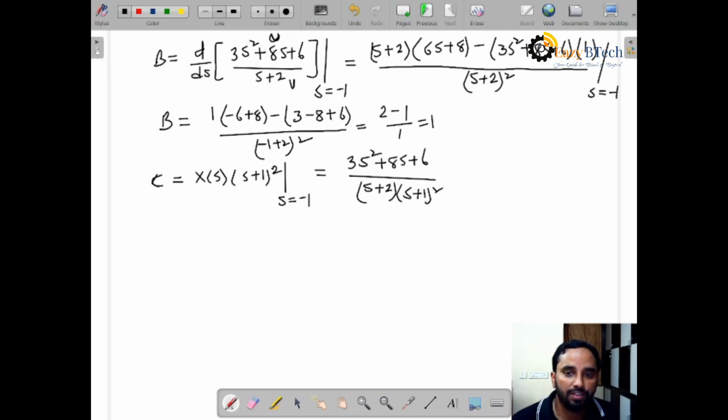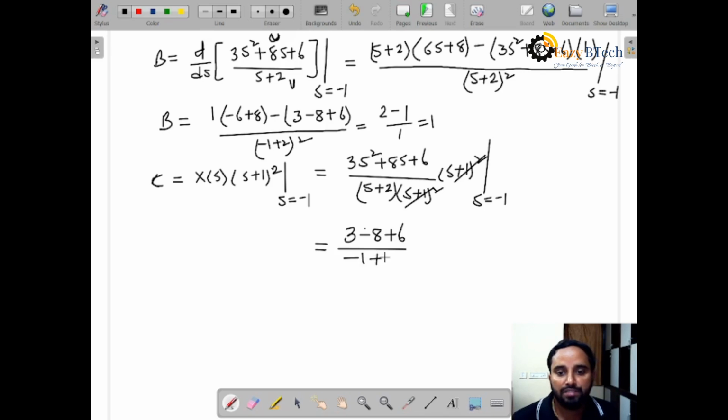This is the x of s, and it is multiplied by (s plus 1) whole square. After that, s is equal to minus 1, substitute. So (s plus 1) whole square cancels. Here 3 minus 8 plus 6 divided by minus 1 plus 2. Substituted s is minus 1. Then 9 minus 8, 1. 1 by 1, 1. C value also 1.